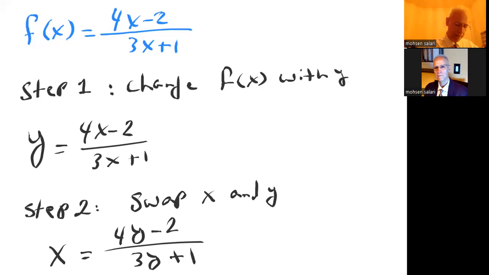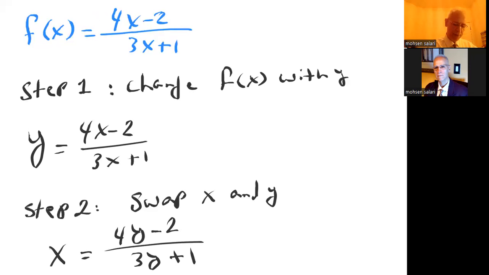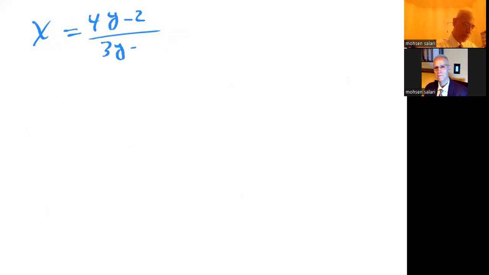So step three, let me go ahead and go to the next page. x equals 4y minus 2 over 3y plus 1. So now solve for y. I'm going to go ahead and multiply both sides of this equation by the LCD, 3y plus 1.